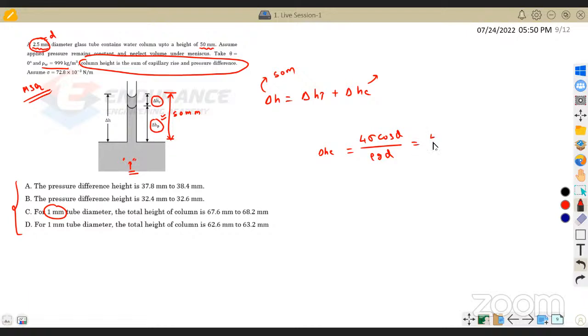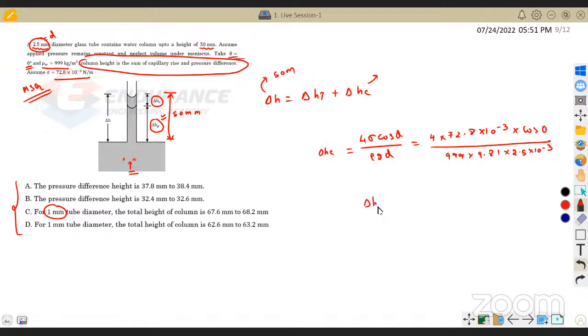So 4 into 72.8 into 10 power minus 3 into cos 0, because the angle is 0 degree, by rho g. Density is 999, acceleration due to gravity is 9.81, and the diameter, initially, they asked us to take 2.5 into 10 power minus 3, since 2.5 mm.